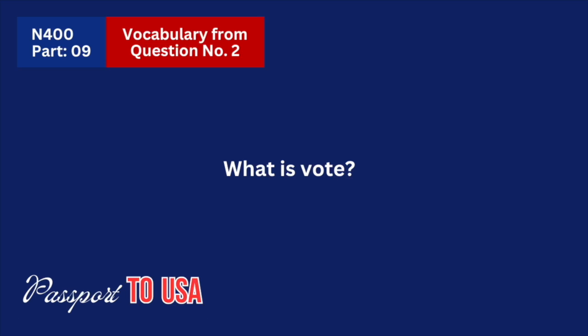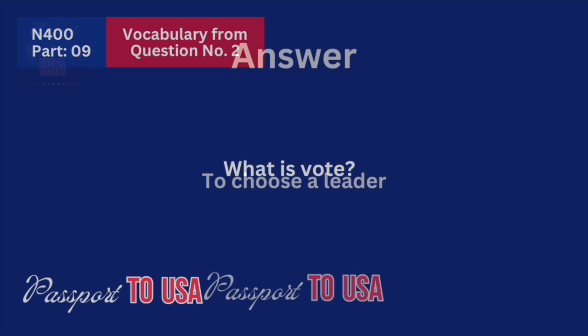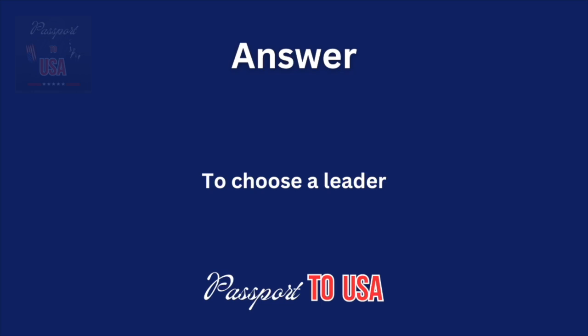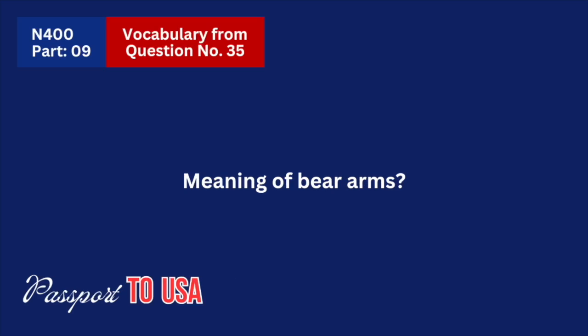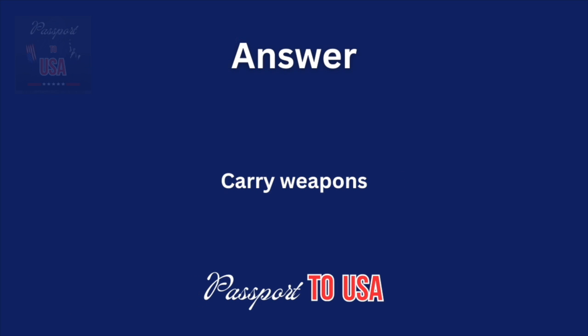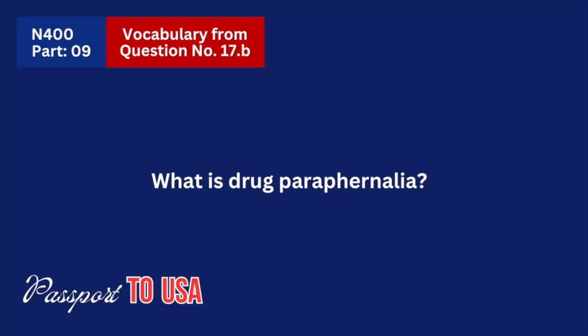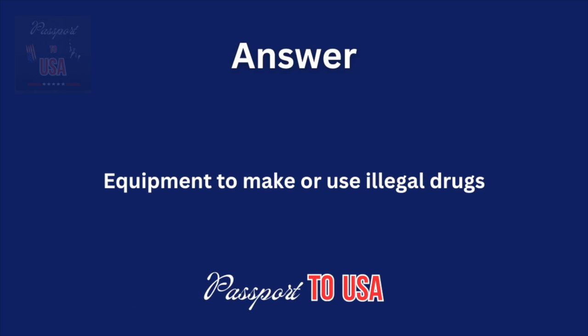What is vote? To choose a leader. Meaning of bear arms? Carry weapons. What is drug paraphernalia? Equipment to make or use illegal drugs.